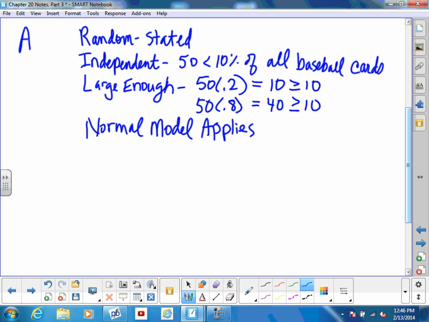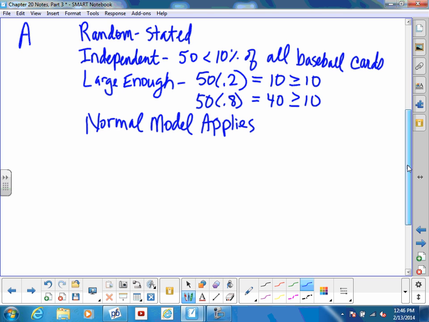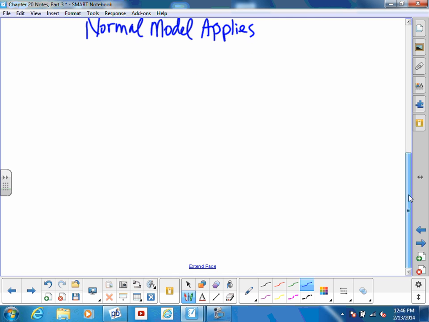Okay. Ta-da! So that's exactly what yours should look like. Make sure you use the true P here. True P right here. Okay, all right.